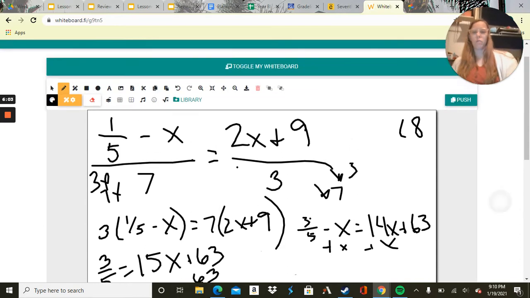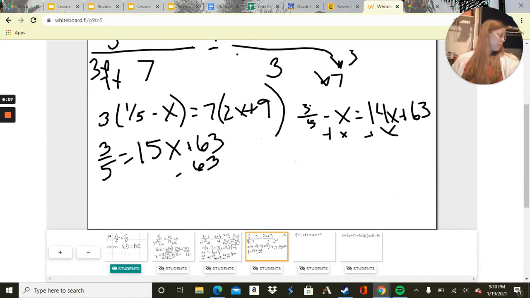They have 3/5 minus 315 negative fifths.